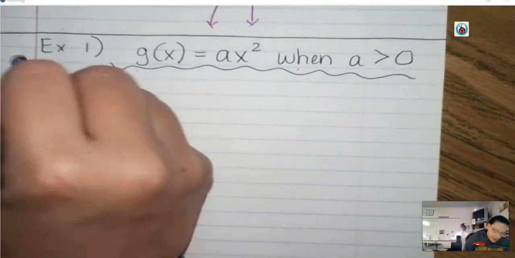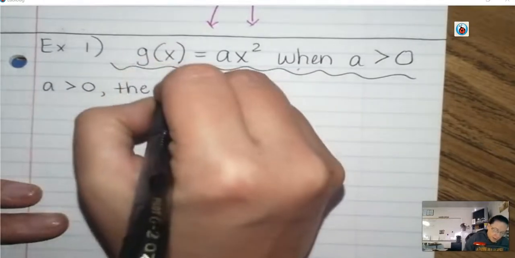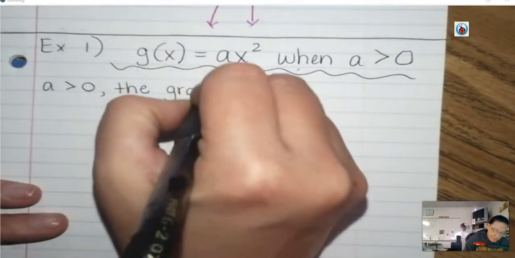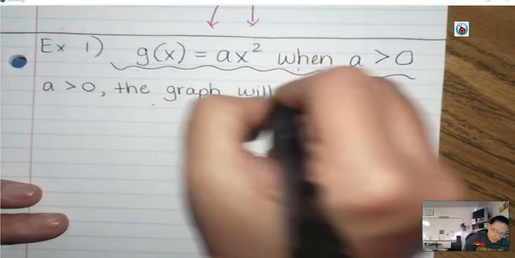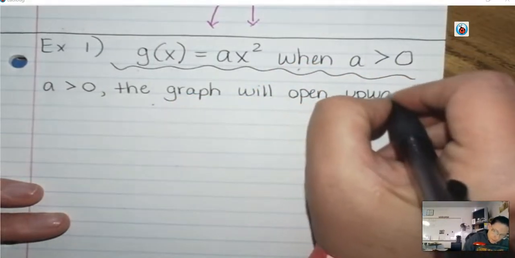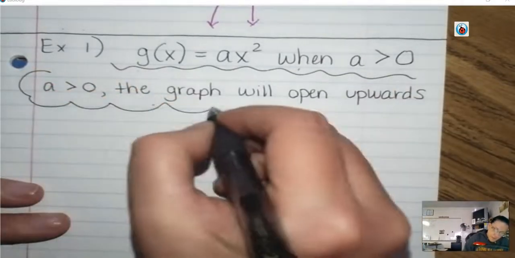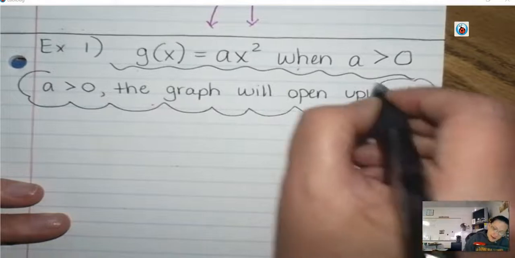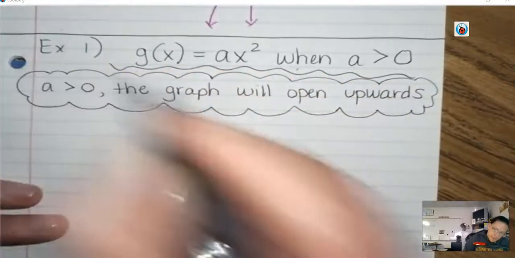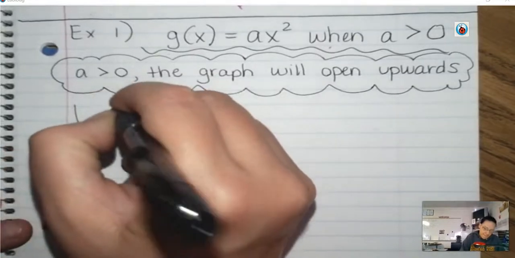If a is greater than 0, the graph will open upwards. When I have a positive a, the graph opens upwards, meaning like this.